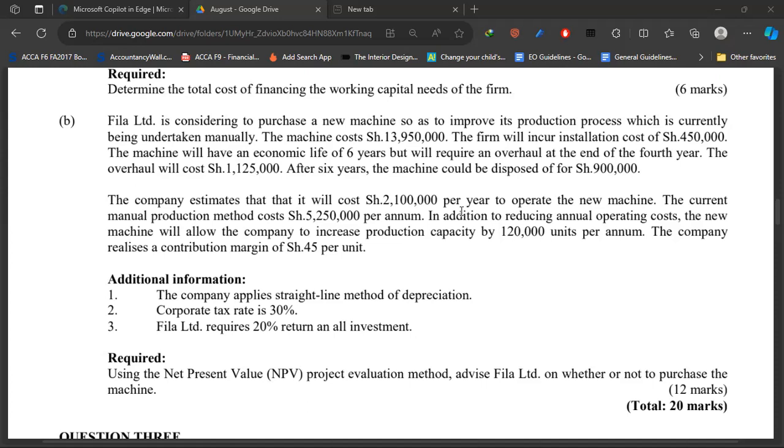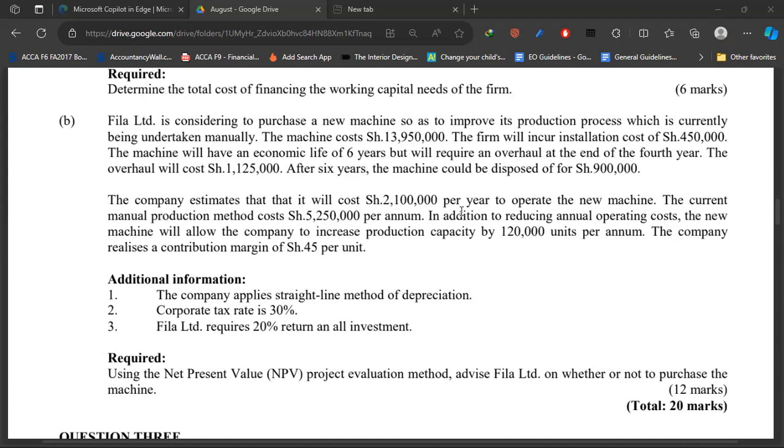The company realizes a contribution margin of 45 shillings per unit. Additional information. Number 1, the company applies the straight line method of depreciation. Corporate tax rate is 30%. Fila Limited requires 20% return on all investment.